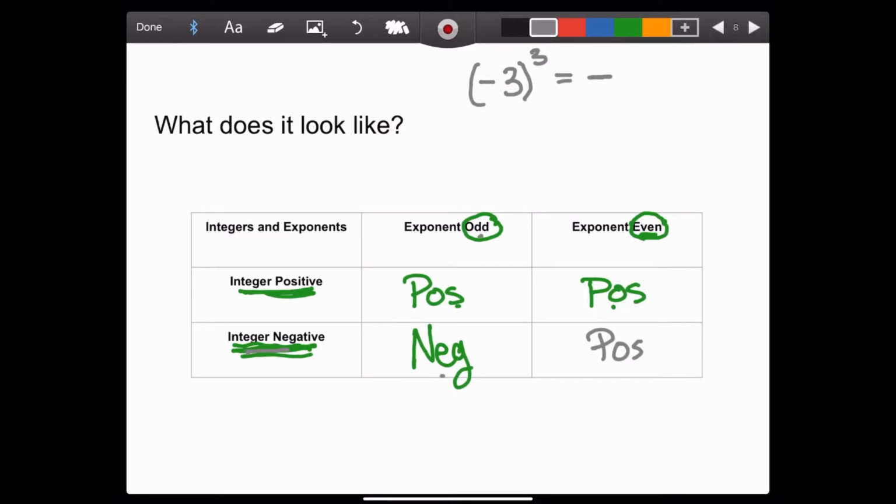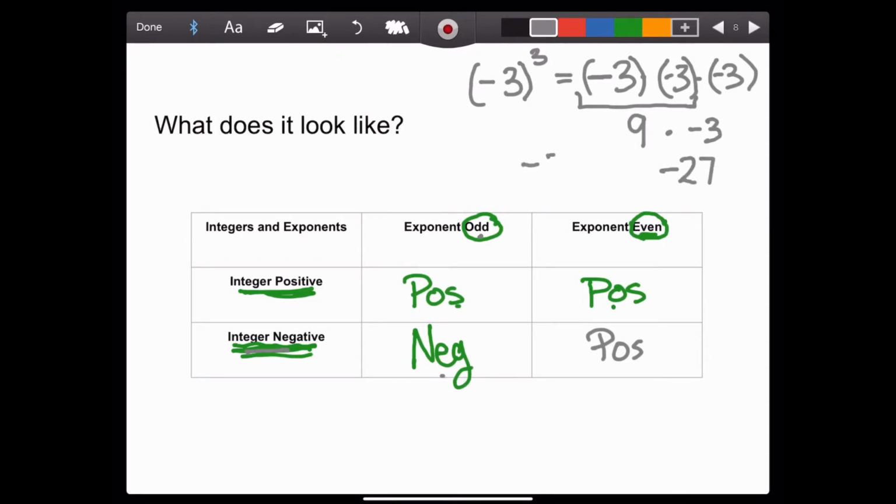This is true. This means negative 3 times negative 3 times negative 3. I'll put these in parentheses just so you can tell. So this would be positive 9 times a negative 3, and that is negative 27. So negative 3 cubed equals negative 27.